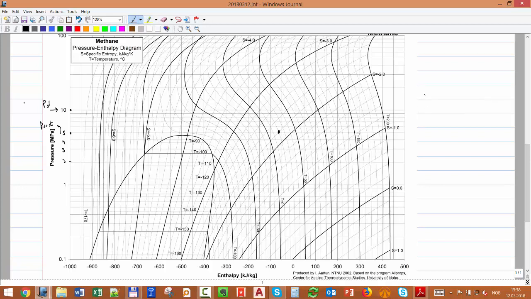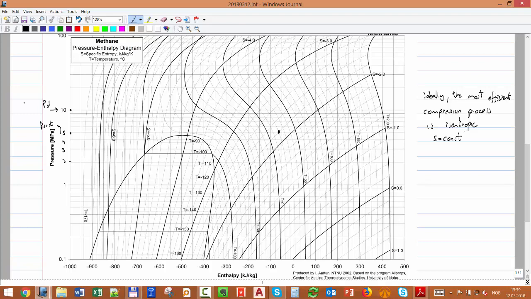So ideally, the most efficient compression process is isentropic, meaning S is constant.